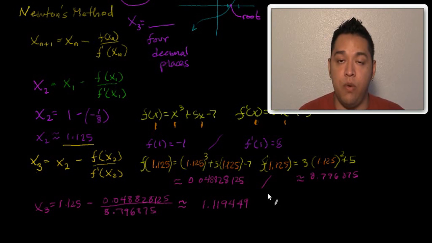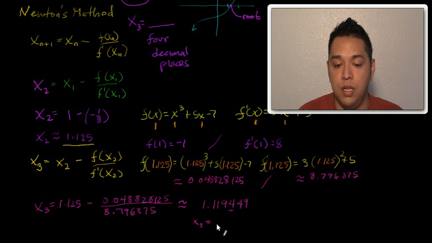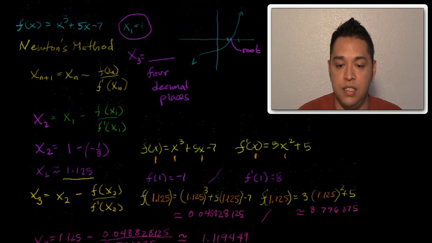Except if I wanted to round to 4 decimal places, my 4th decimal would be 1, 2, 3, 4. This one right here. So I go to the next one. Since 4 is less than 5, this is going to stay at 4. And my answer is x sub 3 is approximately 1.1194. And if I look at the graph, yeah, it kind of looks like it's there. So I know I did it right.